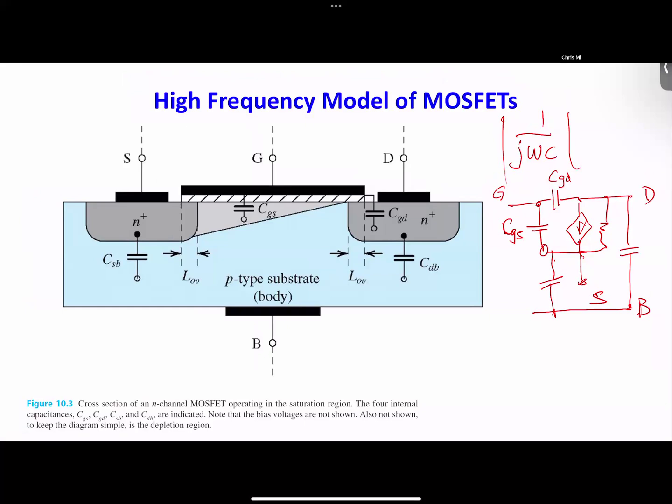And well, the issue is that once we have this capacitance, CGS, and this one here, we'll find that this will create additional voltage at the gate.